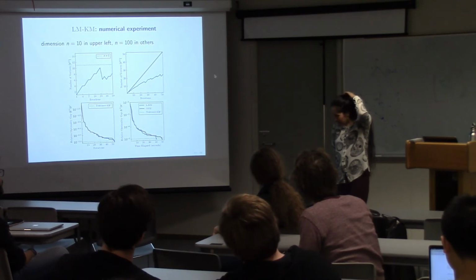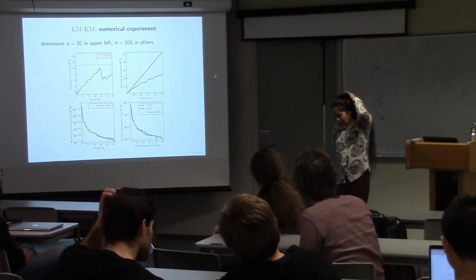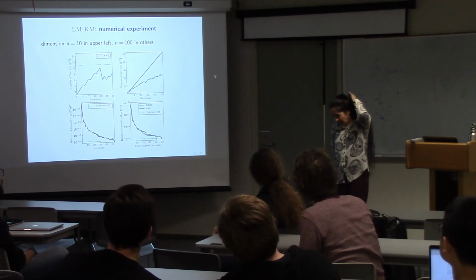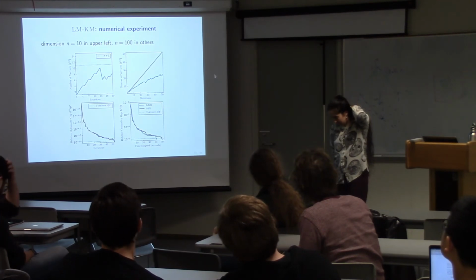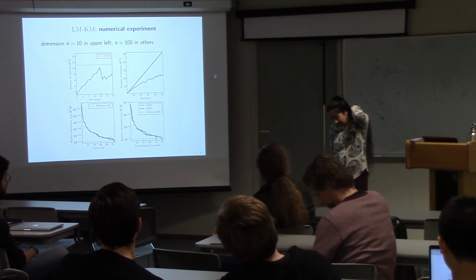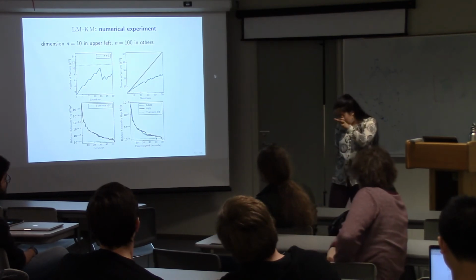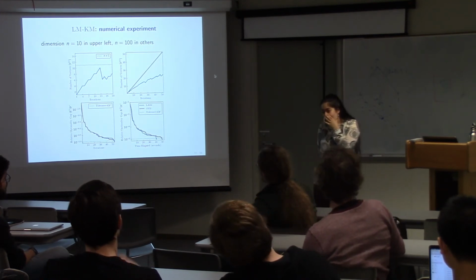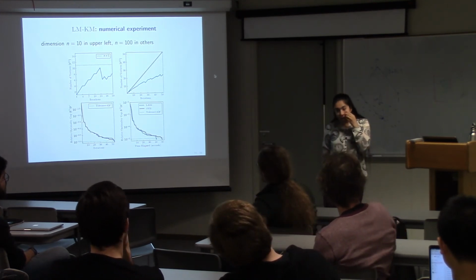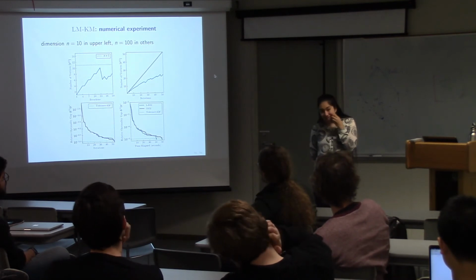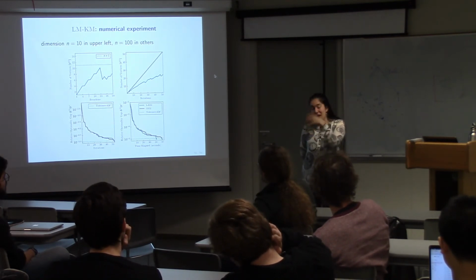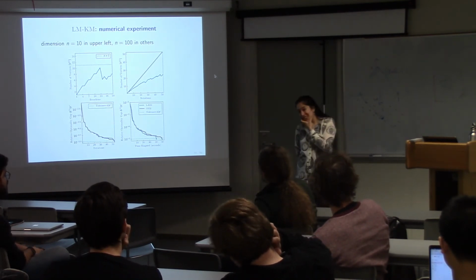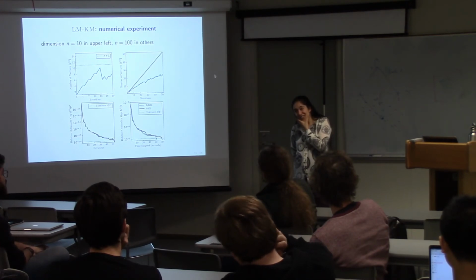Using this methodology, the hardest part is solving these subproblems. The subproblems involve n variables of n dimensions, and there are n constraints. So I'm solving a convex problem with n variables and n constraints. If I want to use a fast method, the complexity is going to be order n cubed.